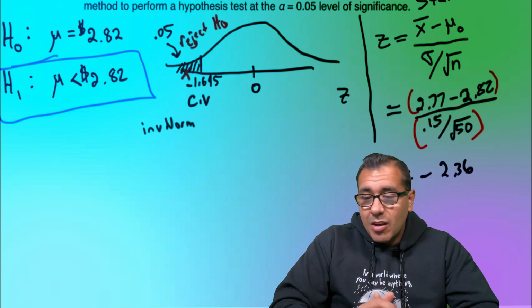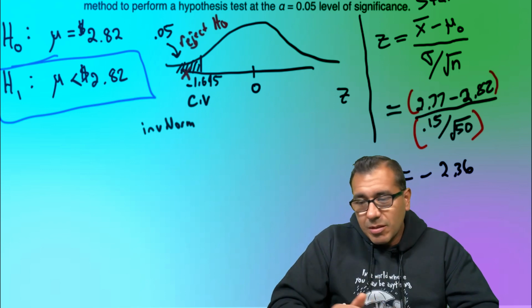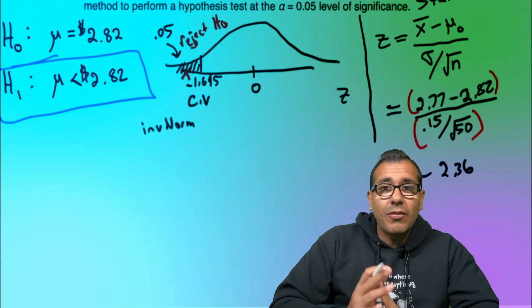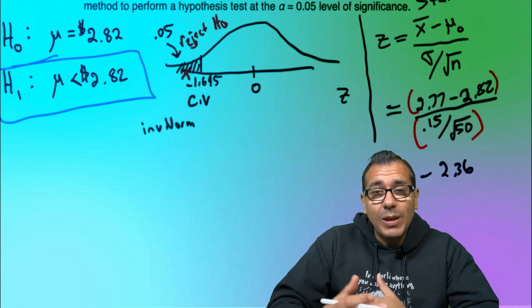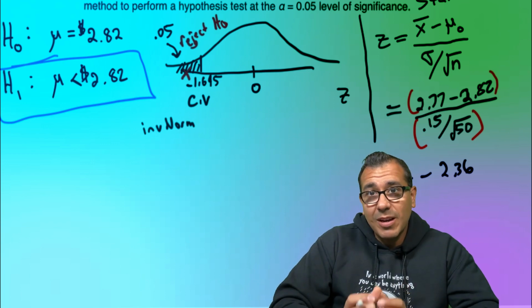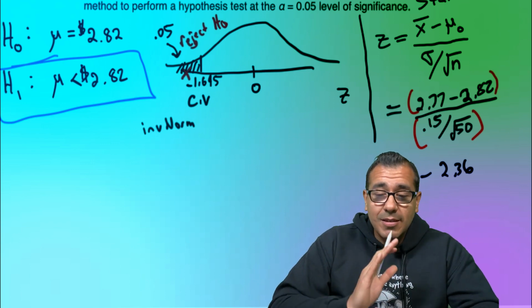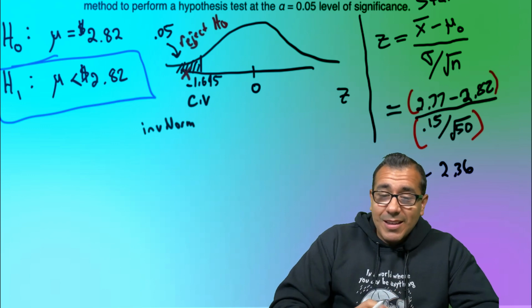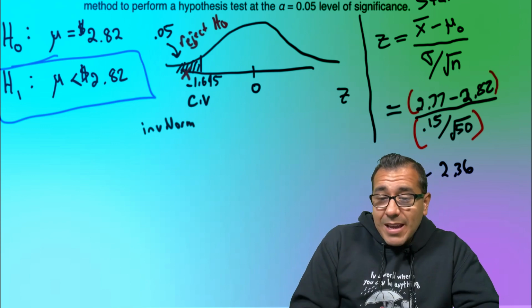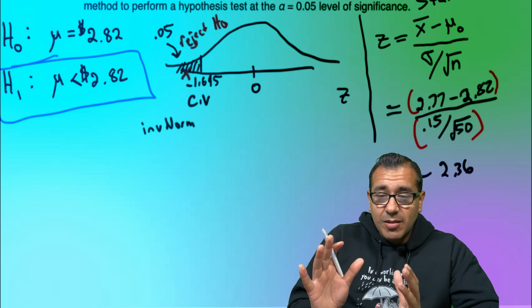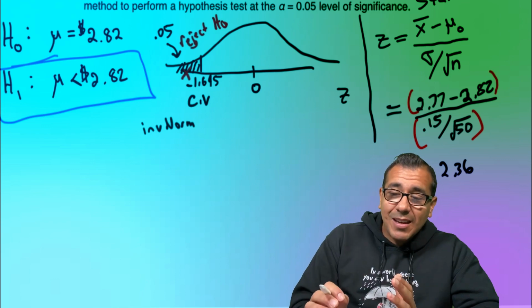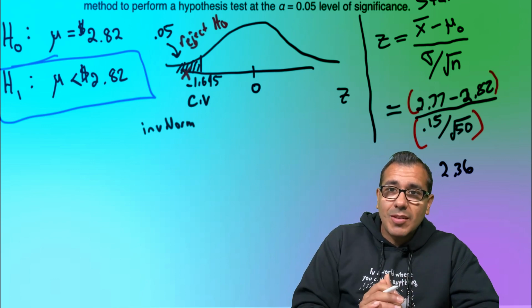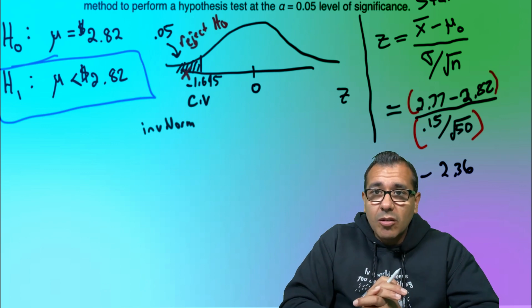So you would write in conclusion: using the 0.05 significance level, we have sufficient evidence to support the claim that the mean price for all gas stations is less than $2.82. That would be our conclusion right there.